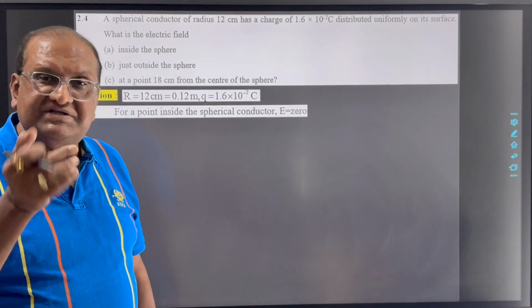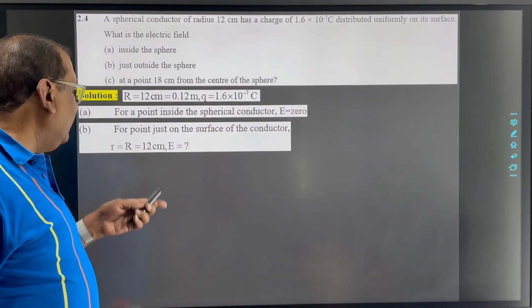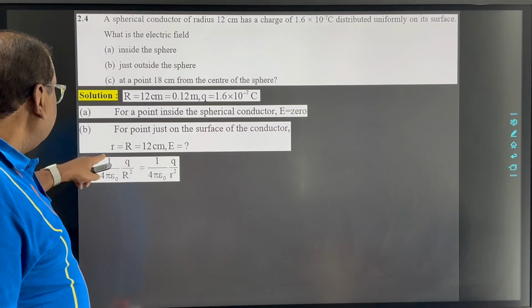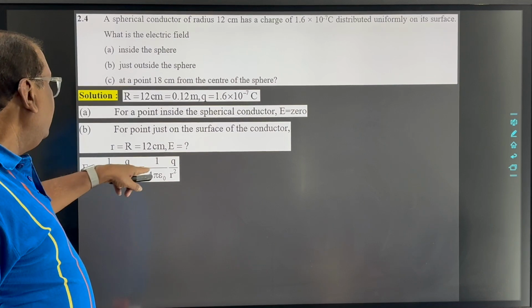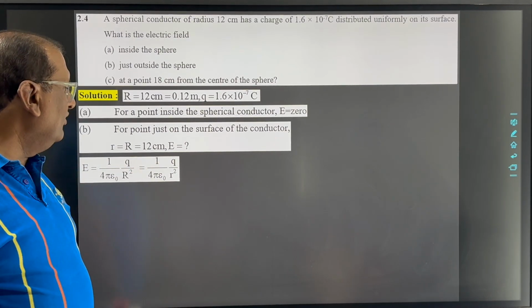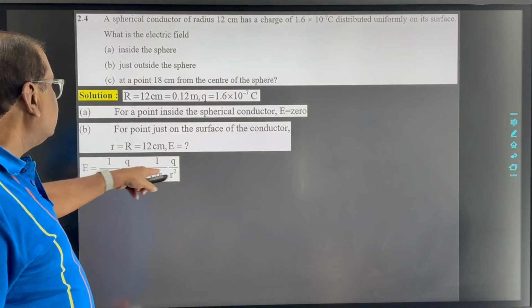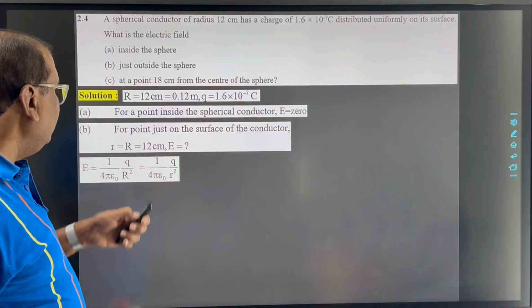In chapter 1 we discussed this thing. So we can calculate the electric field at the surface, that is E equal to 1 upon 4 pi epsilon 0 q upon r square. But in this case small r is equal to capital R, that is 12 centimeter.